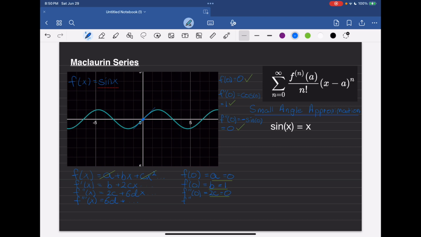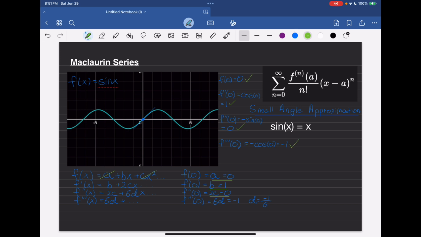And the third derivative at 0, if we look back up here, the third derivative of sine of x is simply negative cosine of 0, which is negative 1. So that means 6d must also equal negative 1. And then we have d equals negative 1 over 6.